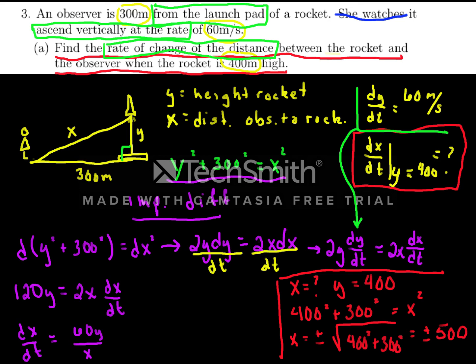And we get two answers for x, but again, in this problem, the x value cannot be negative because we're talking about distance, so I'm only going to be concerned about the positive value. So x equals 500, and finally solving the problem.